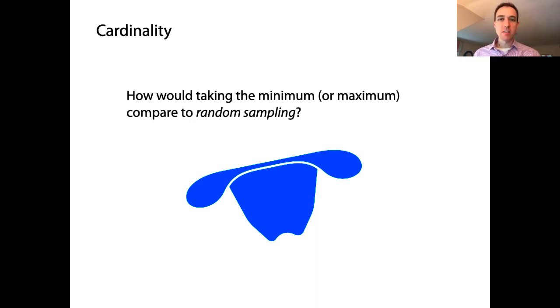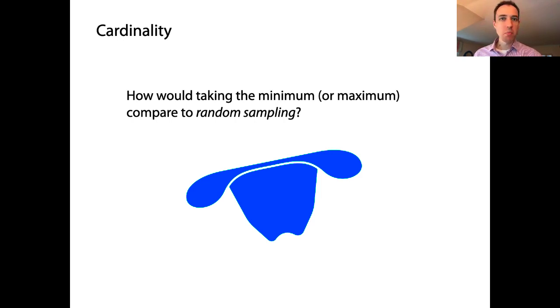How does this compare to if we were doing random sampling? Well, actually, random sampling, even though it's the usual way you might think about problems like this, doesn't do anything in this case, right? What does a random sample tell you about the cardinality of the set? The set itself was a randomly chosen subset of cards, 1 to 1,000.